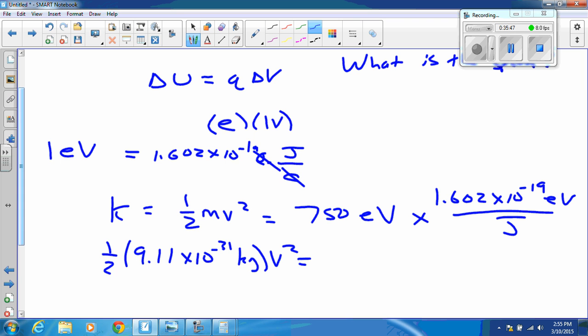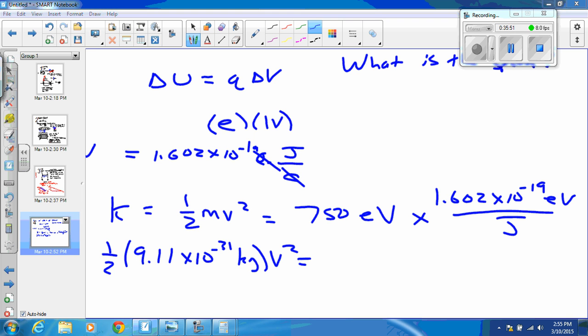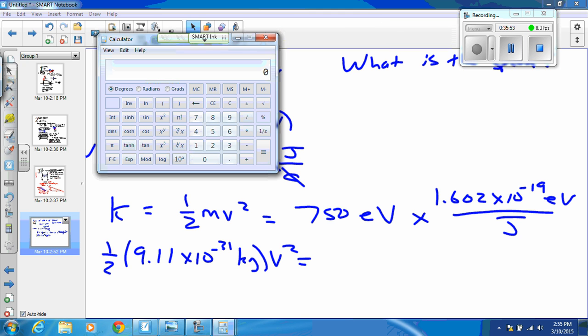Now here's a great mystery. When I multiply these together, I'm going to get a horrendously small number on the right-hand side. See? 750 times 1.602 times 10 to the minus 19th. Very small number.